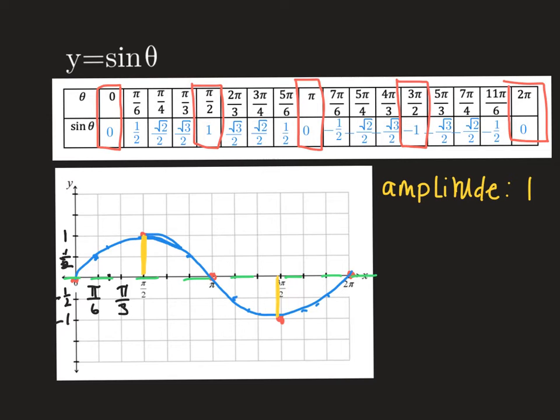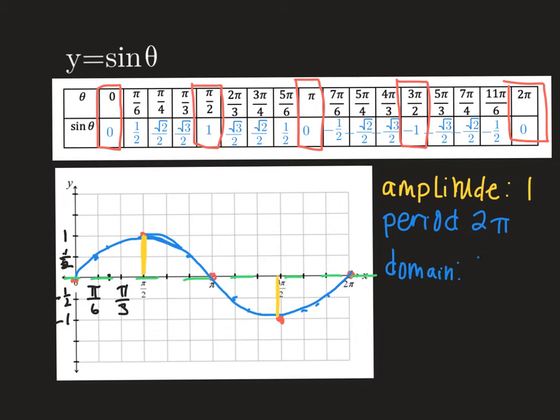Okay, so my amplitude is 1. And then I know that we talked about before that I have one period that takes from 0 to 2 pi. So when we write that down, we say that our period of this graph is 2 pi. Okay, and then let's talk about domain and range, because the domain and range are a little bit interesting.